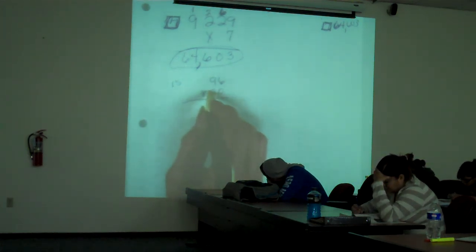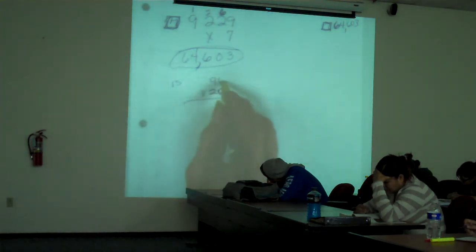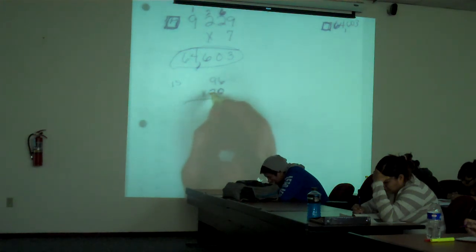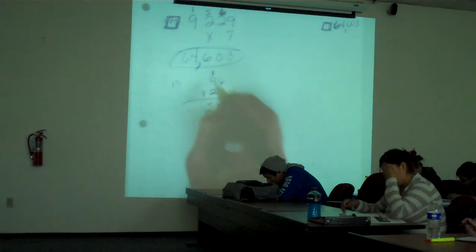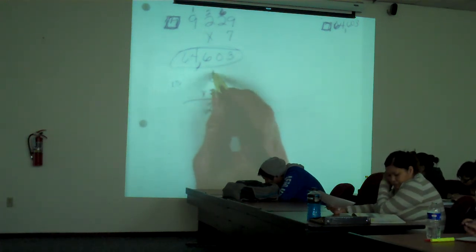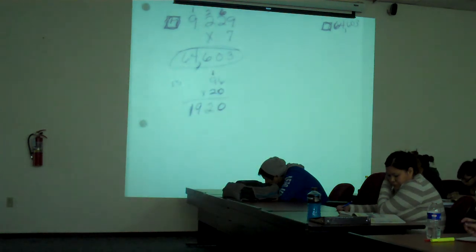You could just start with doing your 2 times 6, but because it's your second number, make sure you put a 0 to show that that's for your first number, and then do 2 times 6. Does everybody know what I mean by that? Okay. So the 0, 2 times 6 is 12, so put 2, carry 1. 2 times 9, 18 plus 1, 19. Do you need a comma? No. You don't have to because it's 4 numbers.